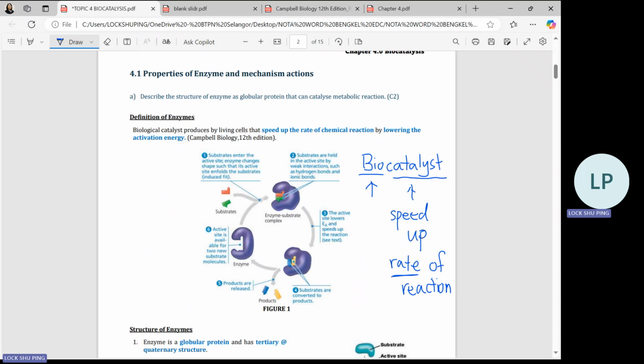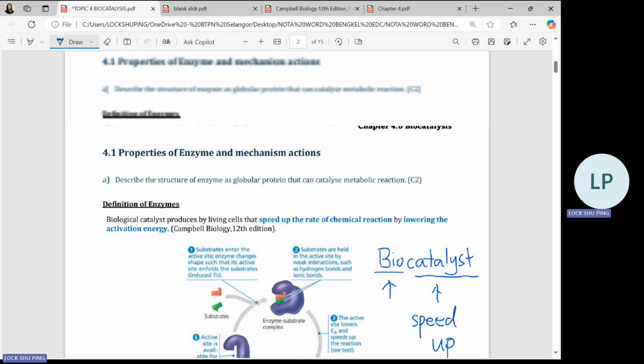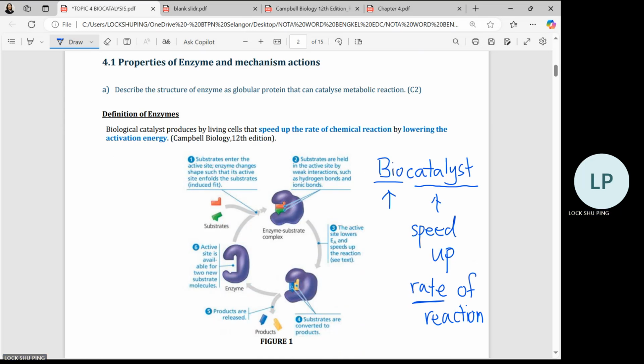Biological reaction in general is called metabolism. Therefore, you can also define an enzyme as a protein which is able to speed up the rate of metabolism. Okay, how? By lowering the activation energy. So this is the definition given for the enzyme.